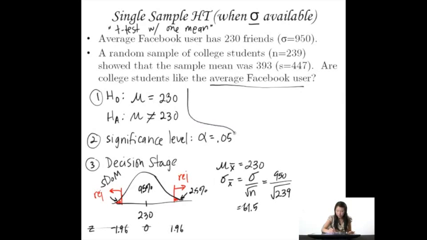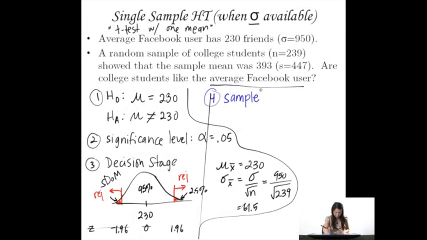So let me draw some space here. So now let's talk about our sample. When we talk about our sample, we should figure out how far away our sample mean is, right? And we don't just want to know it in terms of raw distance.